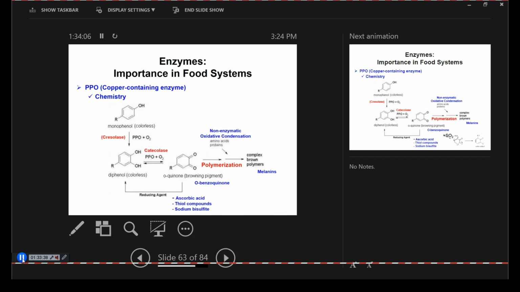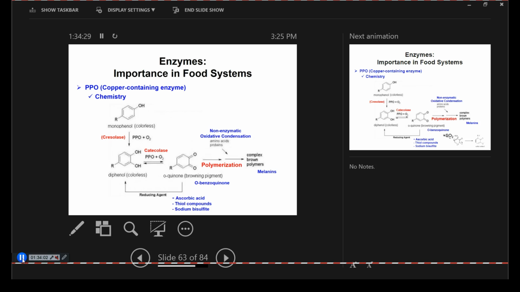So this is the chemistry behind the reaction of polyphenol oxidase. We start with monophenol, which reacts with one type of polyphenol oxidase, cresolase, in the presence of oxygen to give diphenol. And diphenol, in the presence of catecholase, which is another polyphenol oxidase, and oxygen gives the quinone.